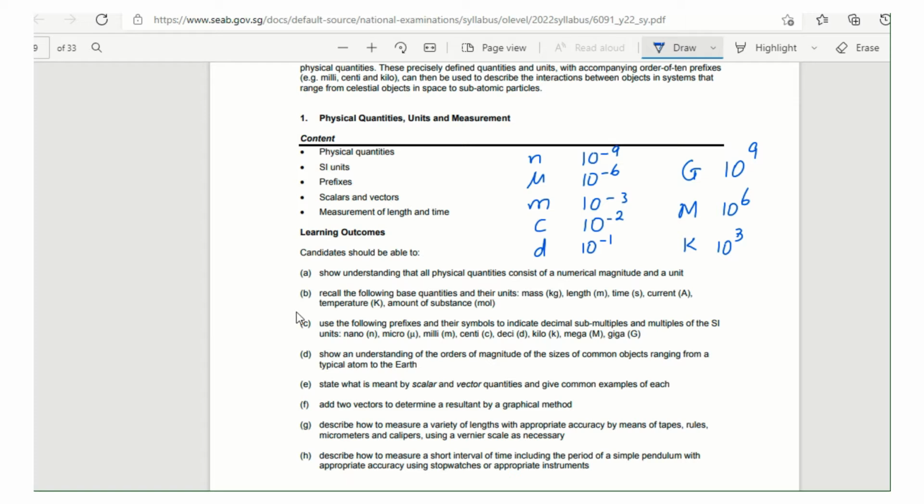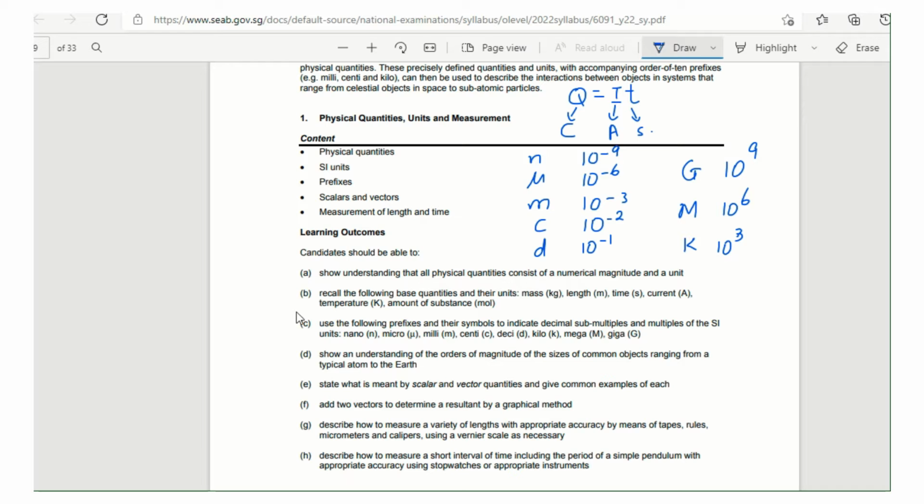In physics, we have formulas. For example, this formula, Q equals IT, where the unit for charge, Q, is coulombs, the unit for I, current, is amperes, and the unit for time is seconds.